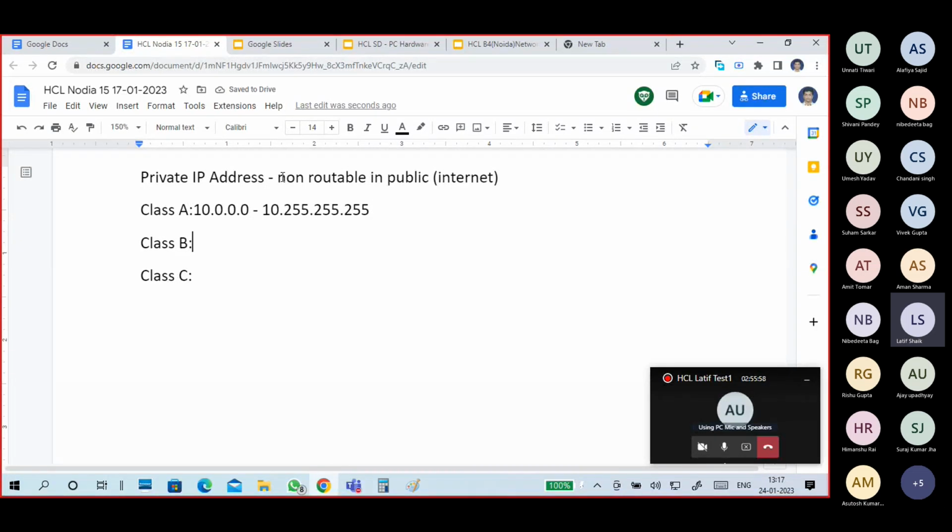Like your system IP address, if it is in a private IP address range, it cannot go outside of your network.